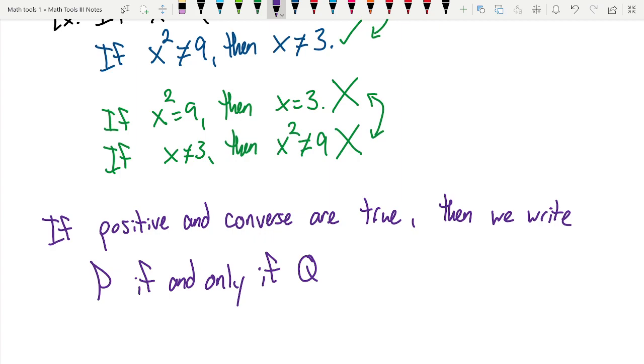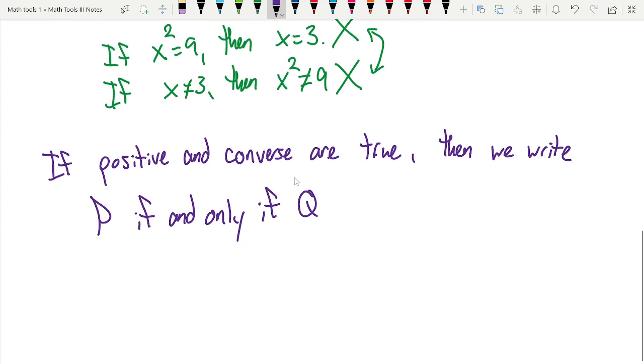So P if and only if Q is saying that P implies Q and Q implies P. So there's two different things you have to prove there.